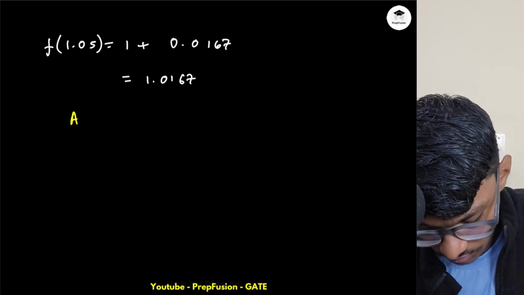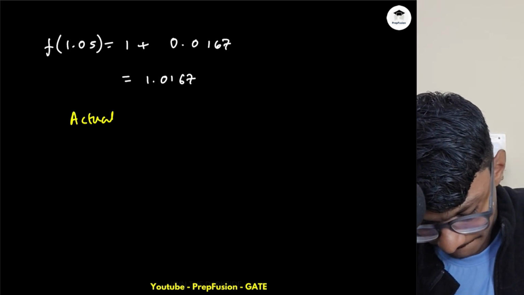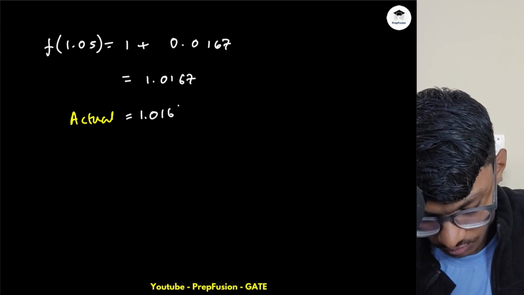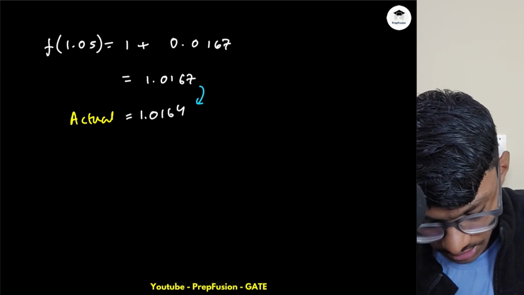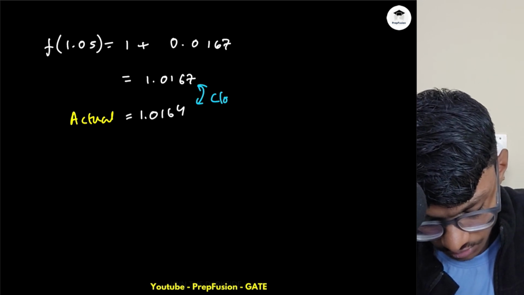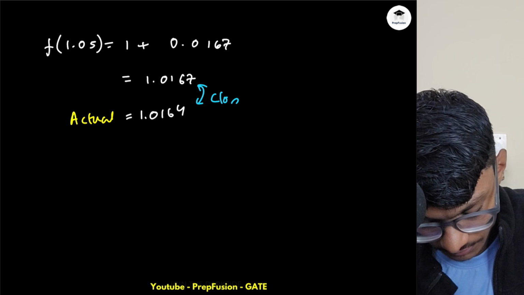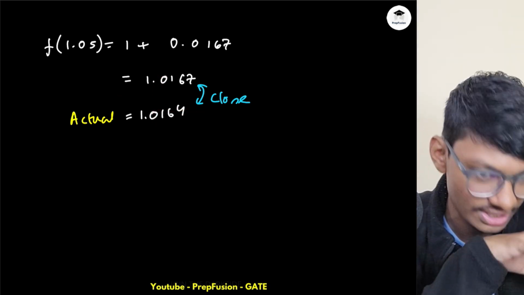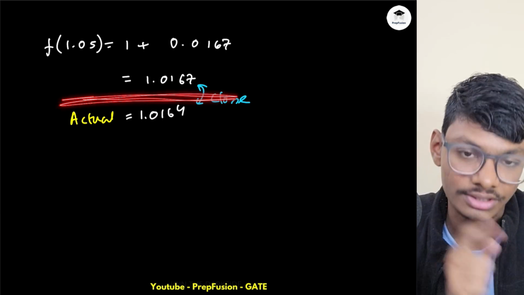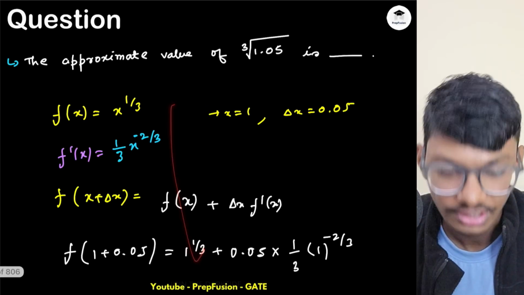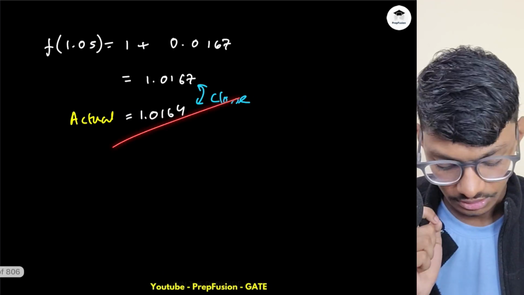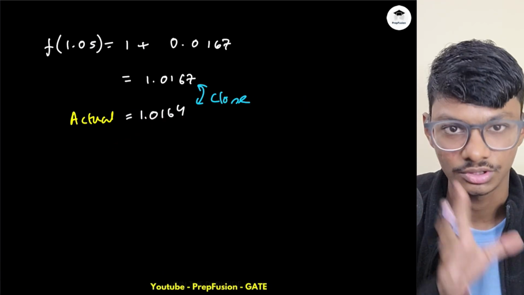So the actual value is 1.0164. These are very close to each other. That is the power of this. Without even using the calculator, I can simply compute the derivative, but we had to go through more steps, which is a disadvantage, but the power is also very good. So this is how you solve these types of approximation questions.